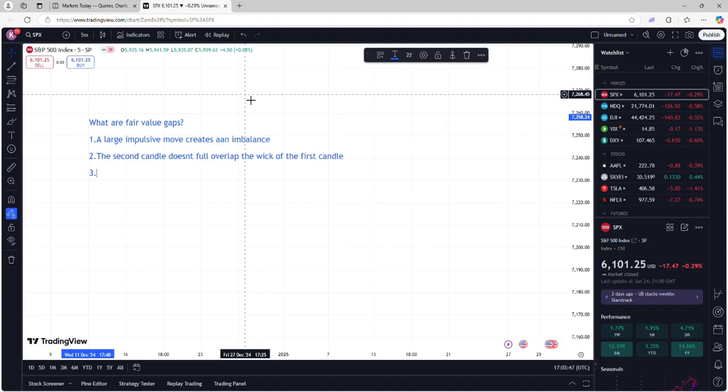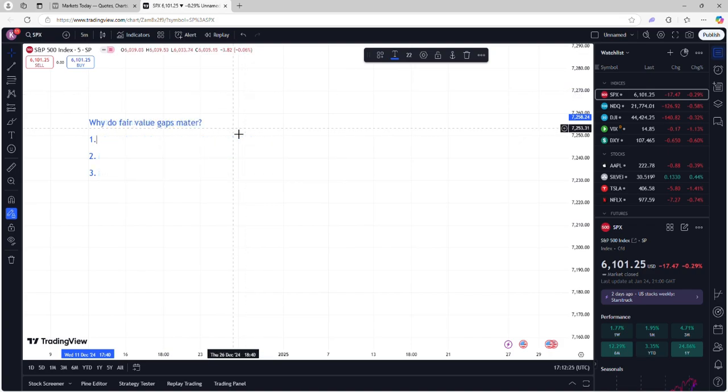And last but not least, this leaves a visible gap or inefficiency between the 2 candles. This gap often acts as a magnet for price later because the market loves to rebalance itself over time.